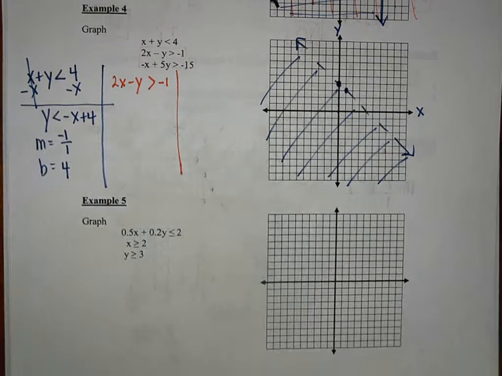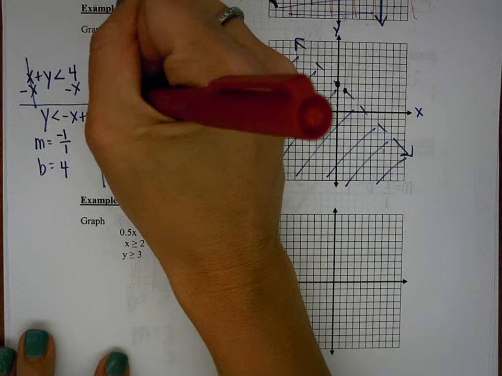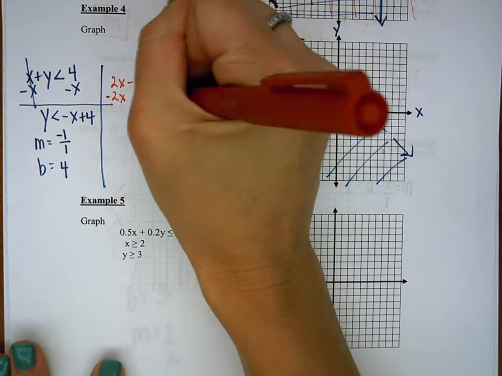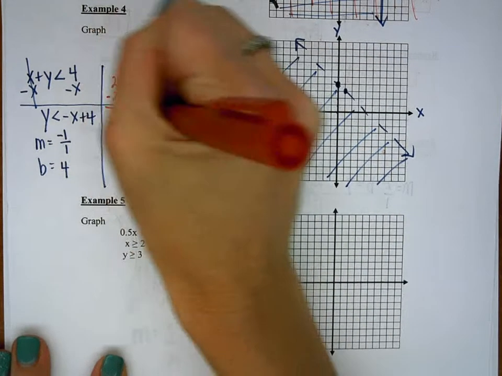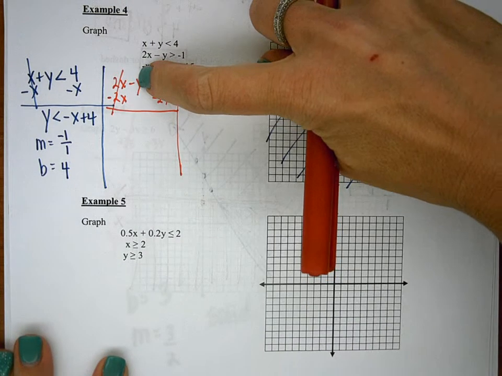Okay, so you should have gotten y is less than 2x plus 1. Okay, I'm going to go ahead and show you. You need to subtract 2x from both sides.